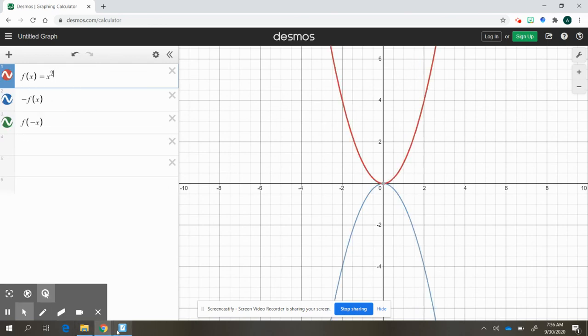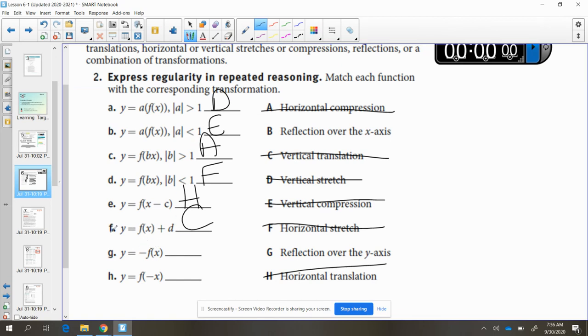So then for outside here, this is going to be our reflection over x. And then when it's inside, it's the reflection over y.